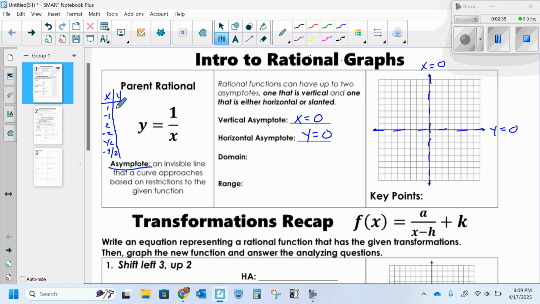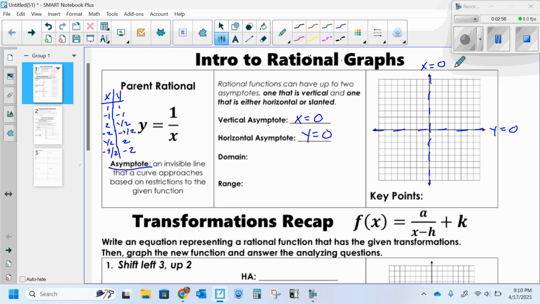Okay, so if I plug in 1 for x, I get 1 over 1, which is 1. If I plug in a -1 for x, I get a -1. If I plug in 2, I get a half. If I plug in a -2 for x, I get a -1/2. If I plug in a half, 1 divided by half is 2. 1 divided by a -half is a -2.